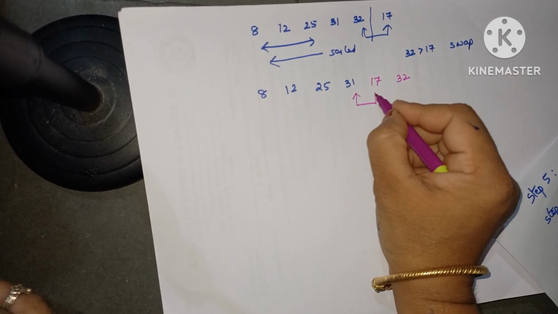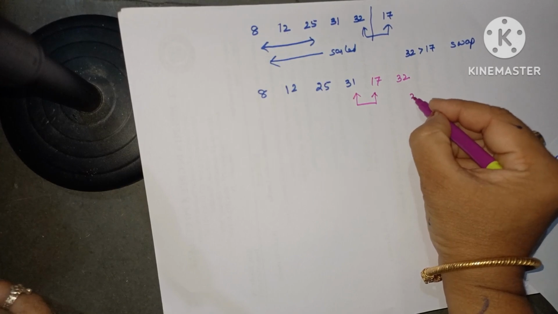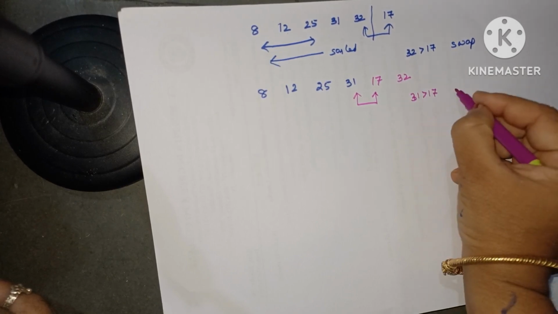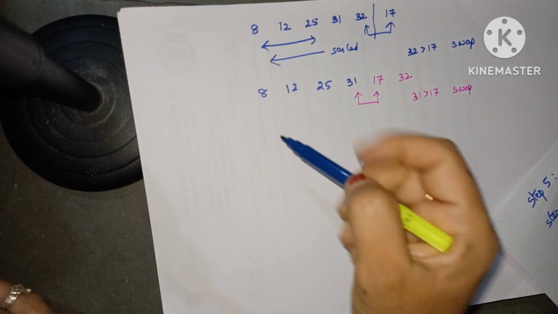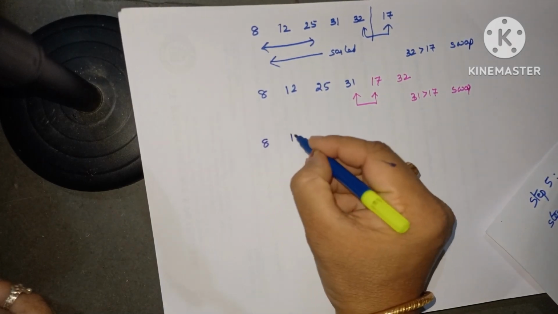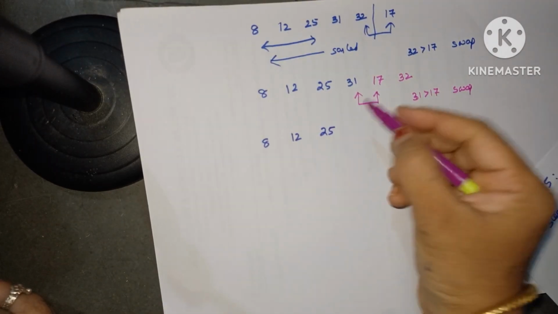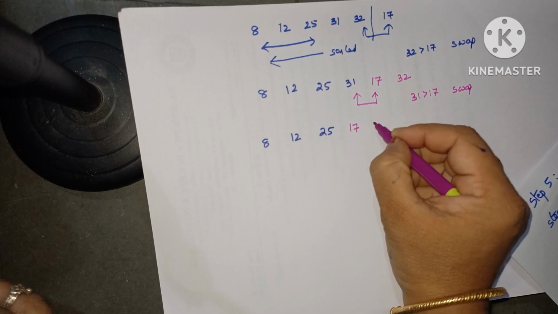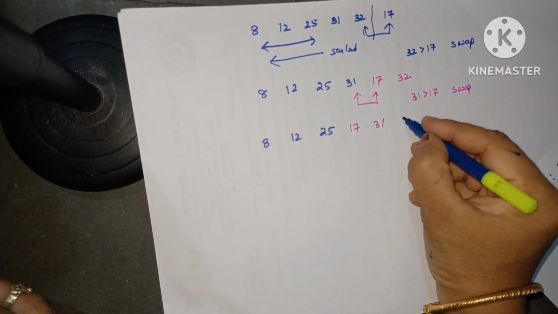Compare these two elements: they are also not in order, because 31 is greater than 17. So swap these two elements also. So again 8, 12, 25, then these two are swapped, 17, 31, then 32.